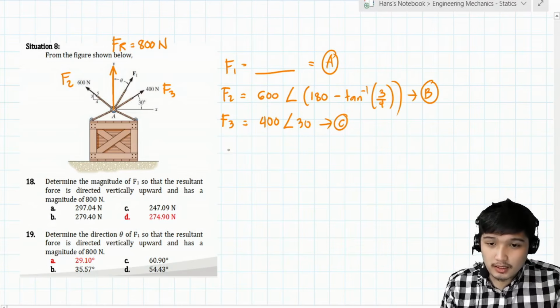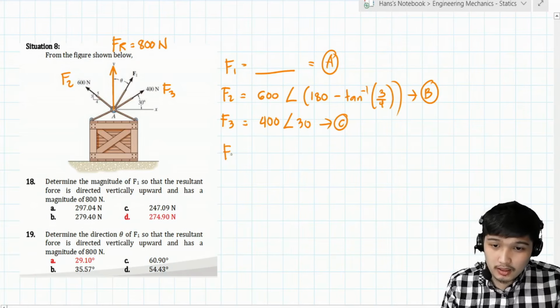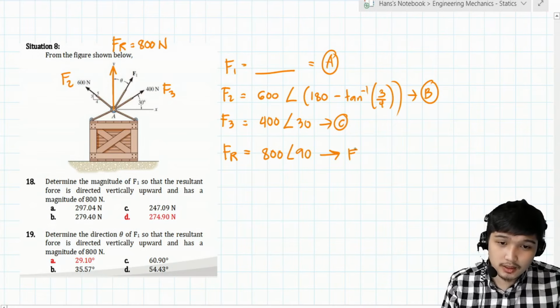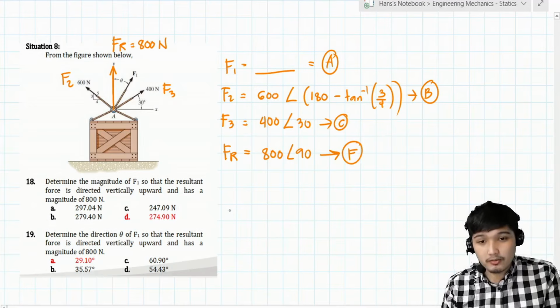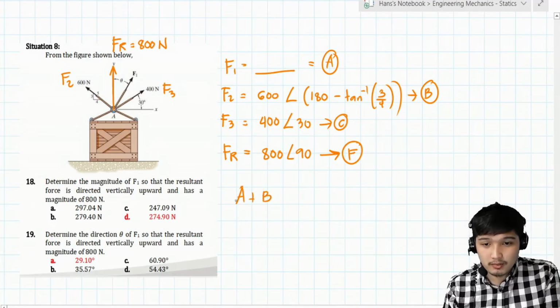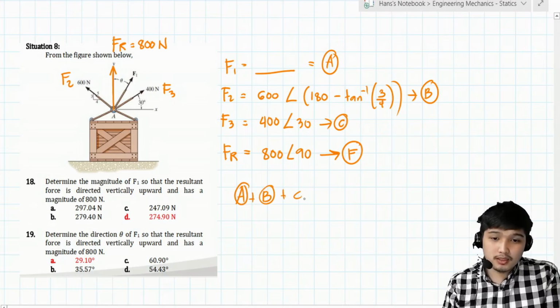So, we know that FR is directed upward, so that is 800 angle 90, and it is stored in letter F. Using the formula, the vector summation A plus B plus C is equal to the resultant force.